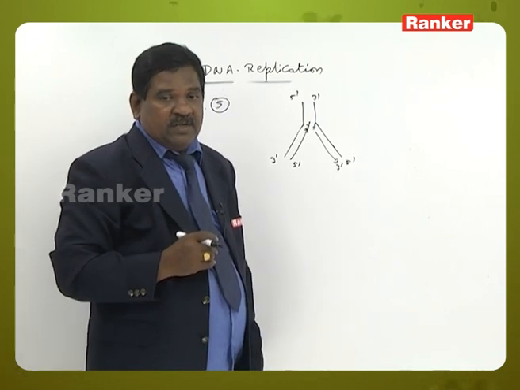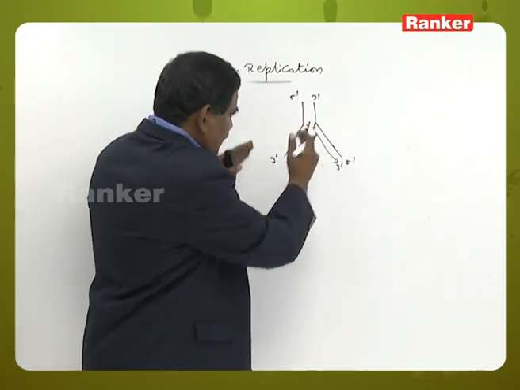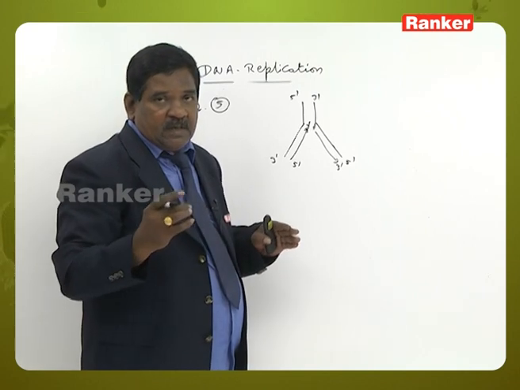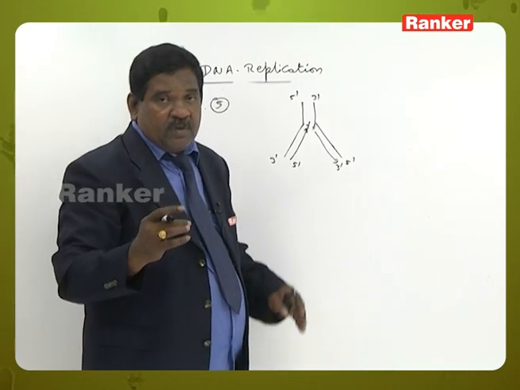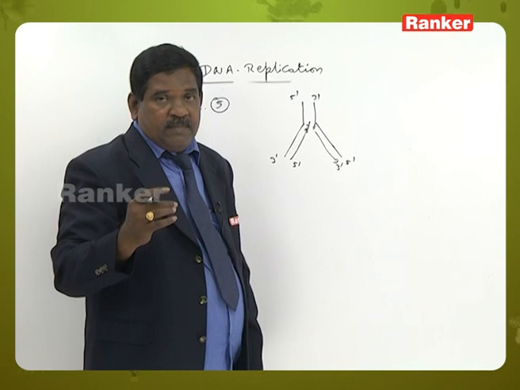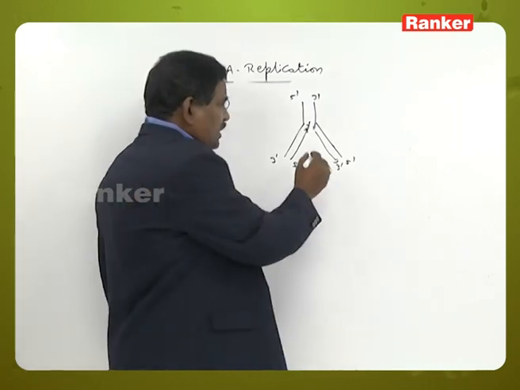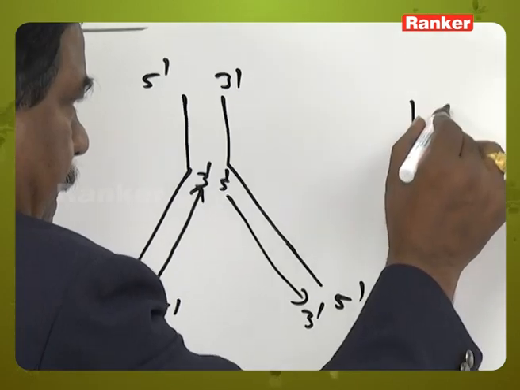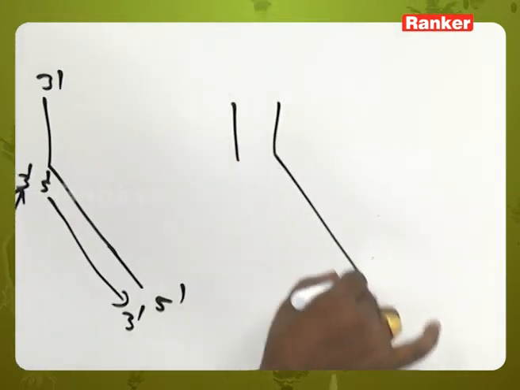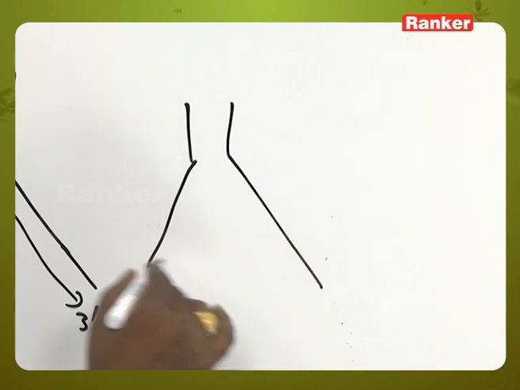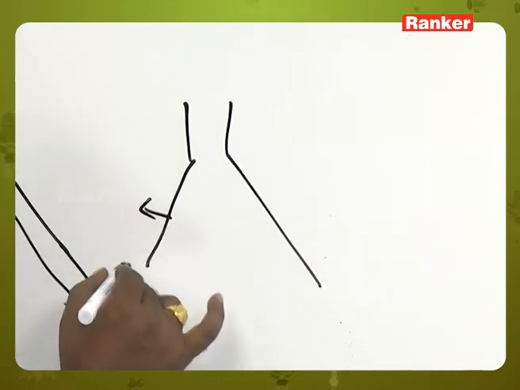When these two DNA strands separate, it looks like a fork, that is called the replication fork. In the origin of replication, two strands are separated, looking like a replication fork. So, this one is the leading strand.